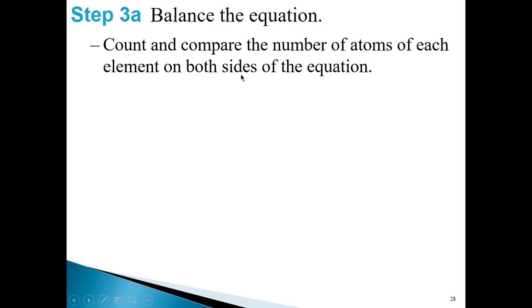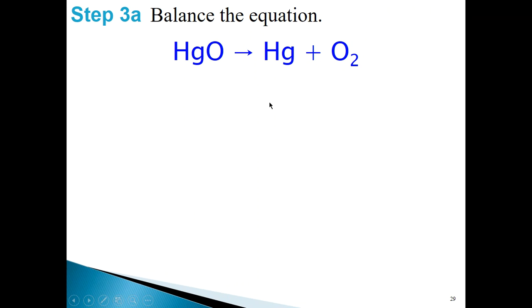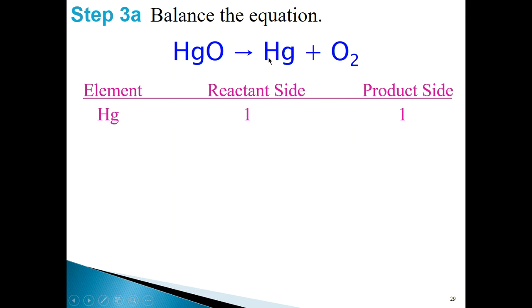At this point, you're going to count and compare the number of atoms of each element on either side of the equation, and then determine the elements that require balancing. In this case, you'll notice that you have one mercury atom on either side, so that is okay for now.